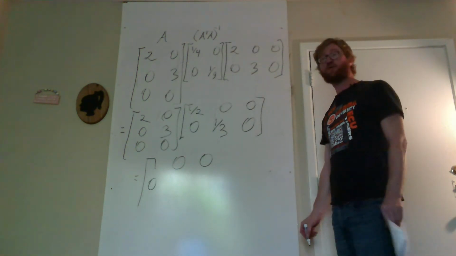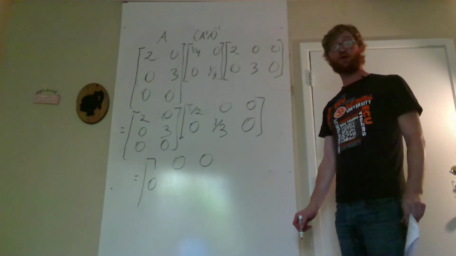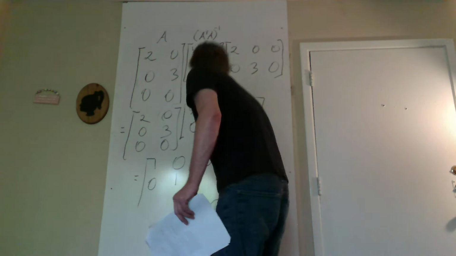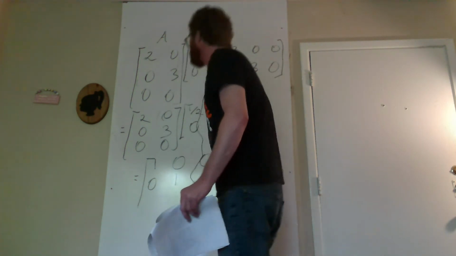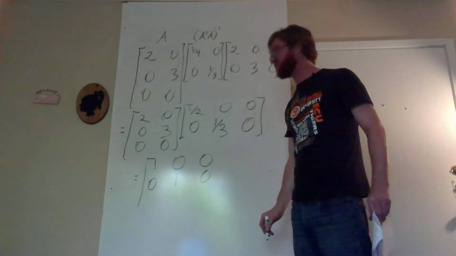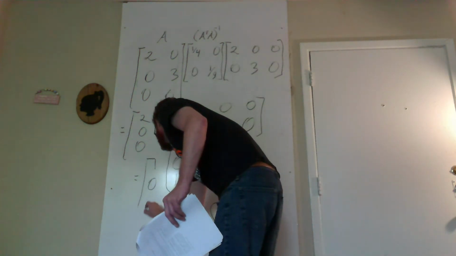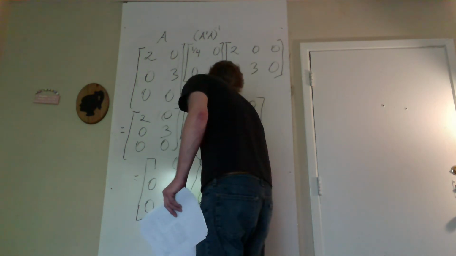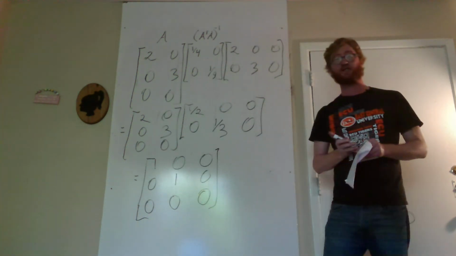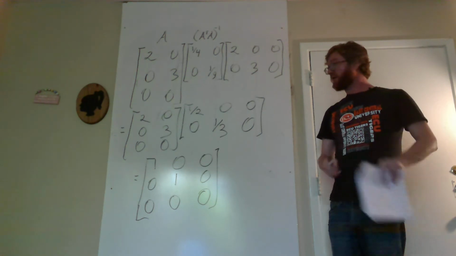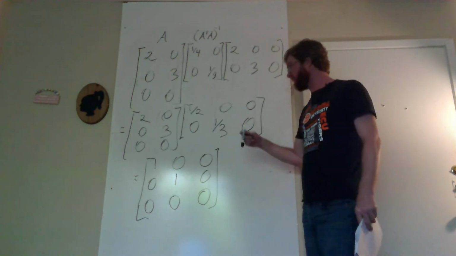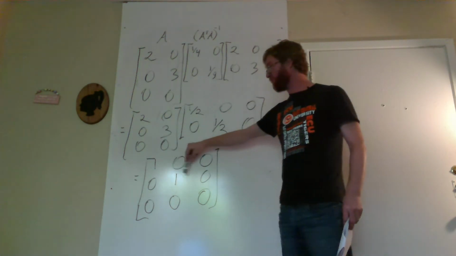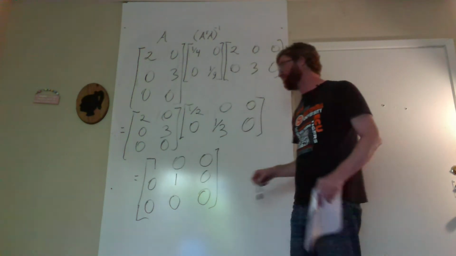Now 0, 3 acting upon 0 and 1/3 is 3 times 1/3, which would just be a 1, and then this would be 0. Now we have 0, 0 just acting upon everybody, so all of this is going to be zeros. In case you didn't fully see that, it's 1, 0, 0, 0, 1, 0, and 0, 0, 0.